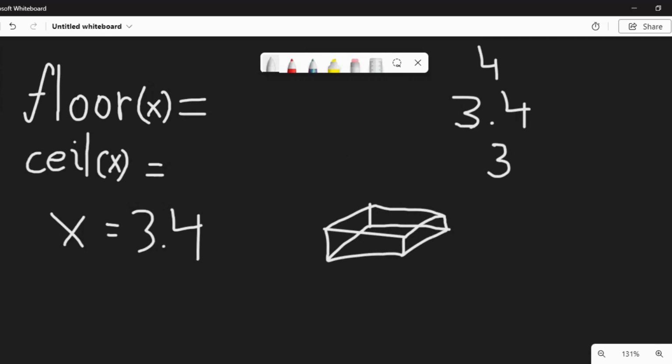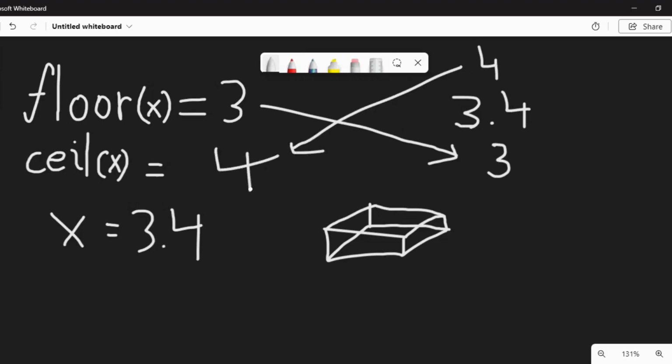So when you put in x for the floor of x, you get the lower of the two integers it lies between, so 3 here. And for the ceiling, as it is on top, you get 4. So it's a fair assumption that the floor of x plus 1 is the ceiling of x.